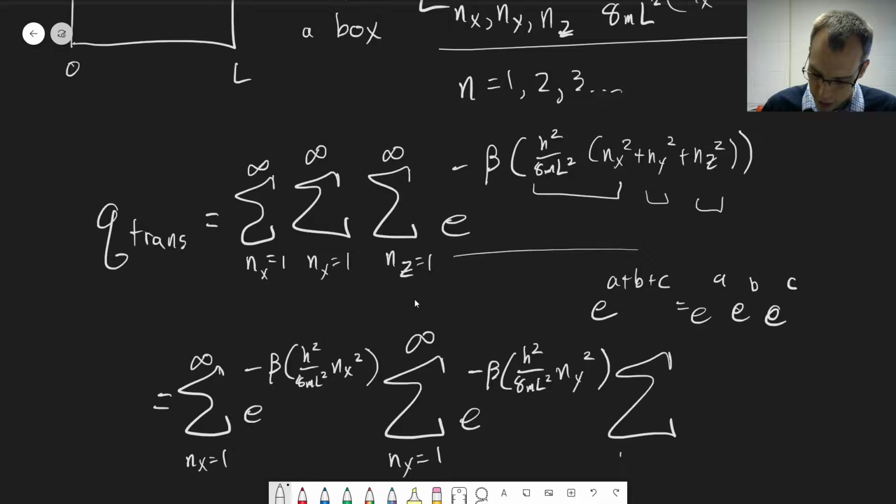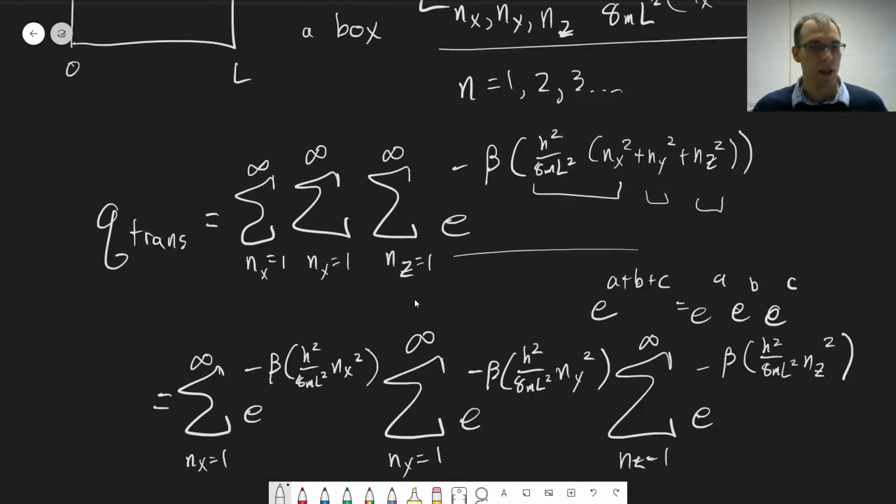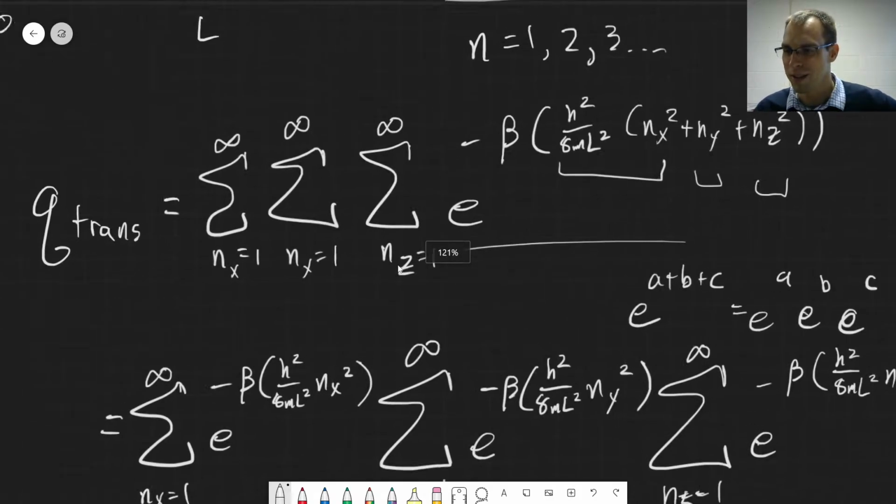And then a third term for our z dimension, e to the minus beta h squared over 8ml squared and nz also squared. Okay, we've made a little bit of progress. This still looks like a big mess.